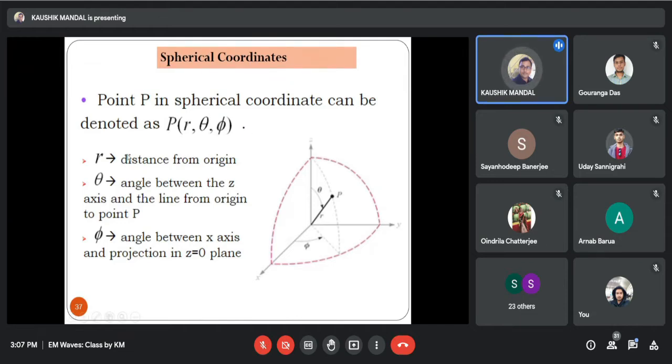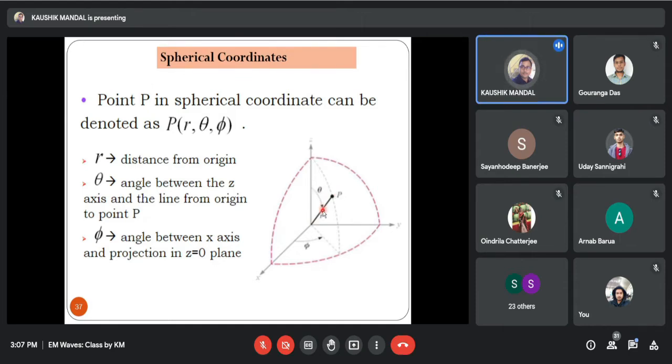So in a spherical coordinate system, we can define a point by three parameters, that is r, theta, phi. The point is defined in terms of r, theta, and phi. So r is the distance from the origin of the coordinate system.